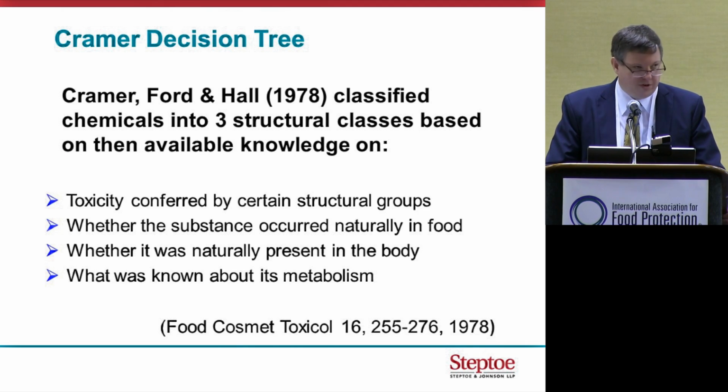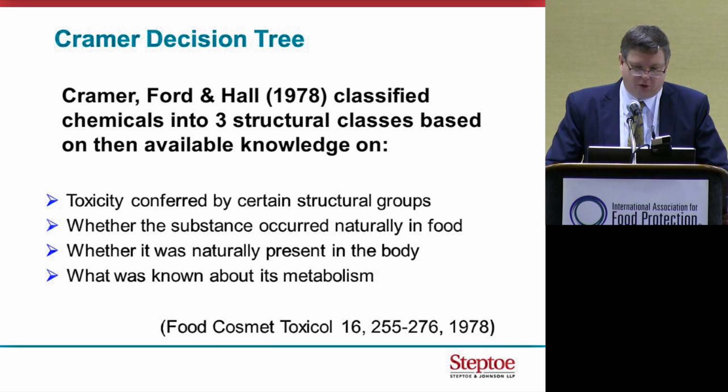And that process evolved over the years and resulted ultimately in a publication by Cramer, Ford, and Hall in 1978 that described the structure-activity portion of the analysis that the Flavor and Extract Manufacturers Association conducted.